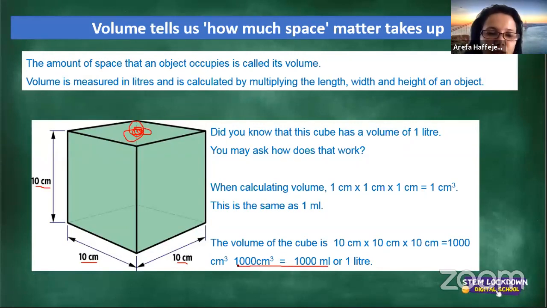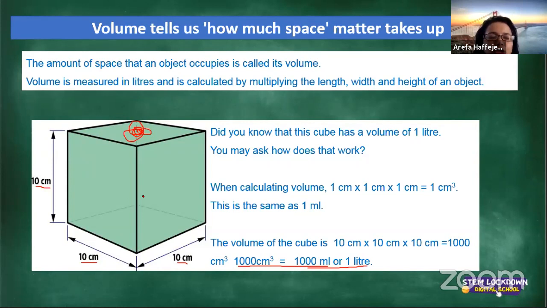And this is something that you will have to learn by heart if you want to work out calculations when they give you different figures. So 1000 milliliters is also equal to 1 liter. So this is how we work out the volume of a cube, for example, in this instance.